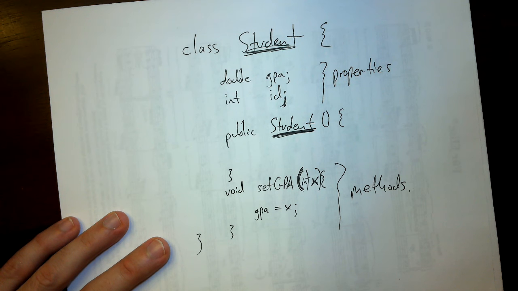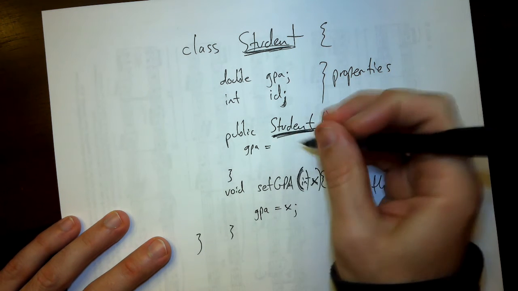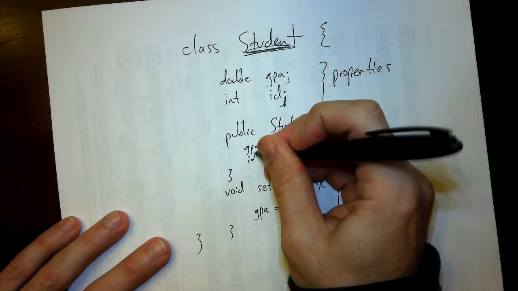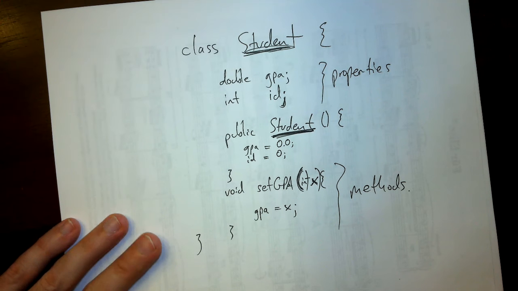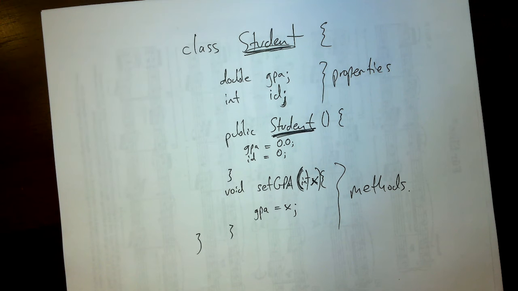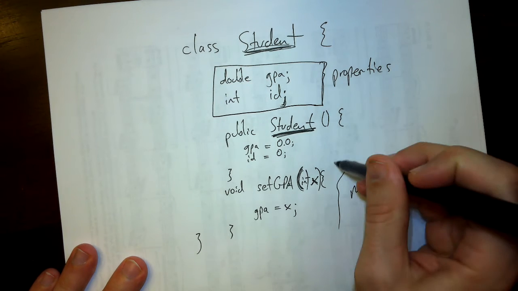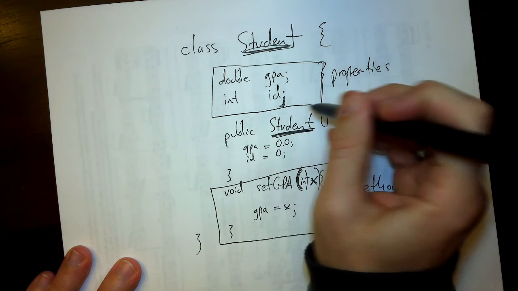But usually in your constructor, you'll do things like set the GPA, set the variables to some default. So your GPA is 0 and your ID is 0 as well, or something like that. So now I have a fully functioning class. This is a full-on class.